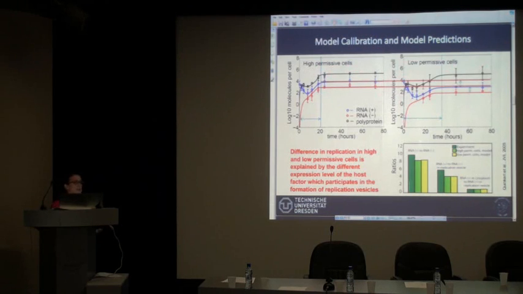And what we could see with the similar model here, fitting for two different cells, high permissive and low permissive, with the same parameters, the only difference is the host factor.